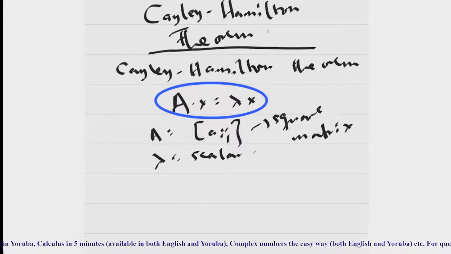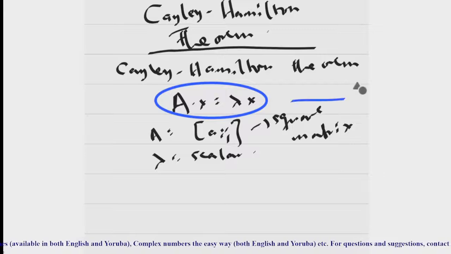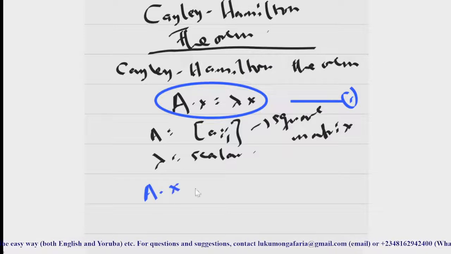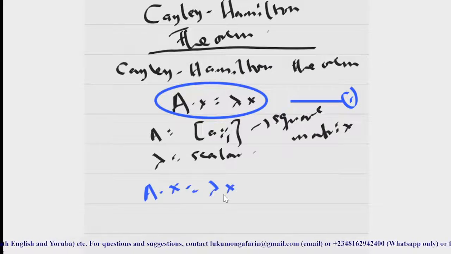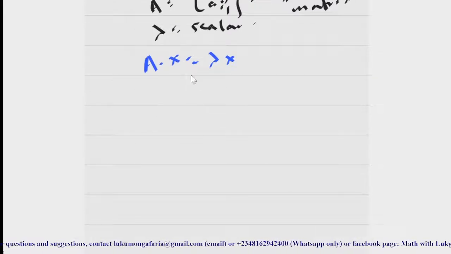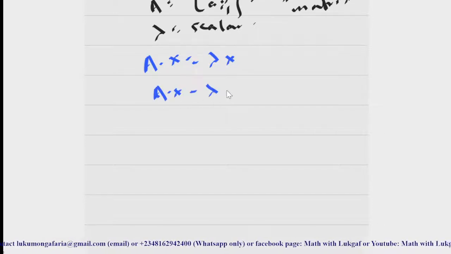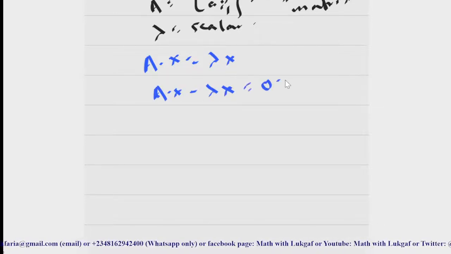So let's say this is equation one. From equation one, I have that A dot x equals lambda x. If you collect the like terms by bringing this in, then I have A dot x minus lambda x equal to 0.